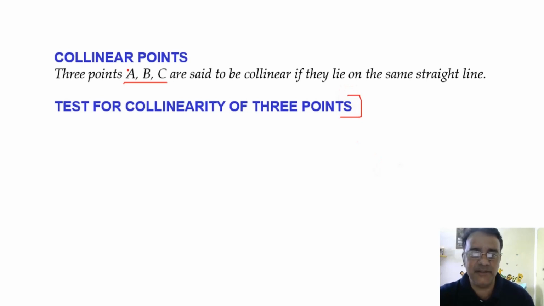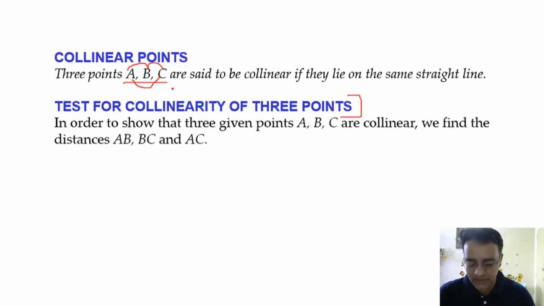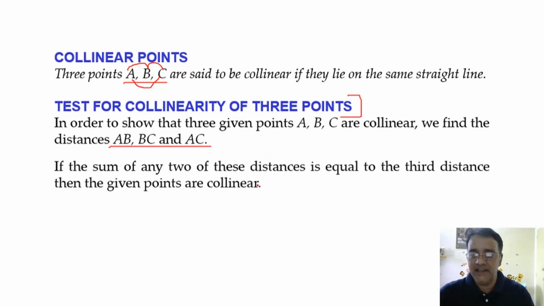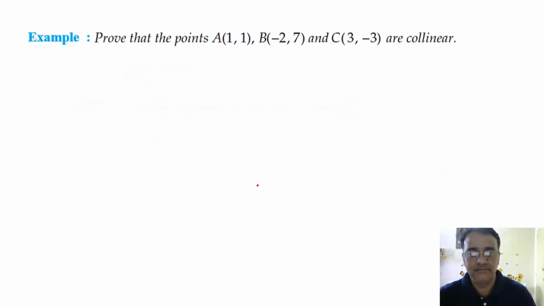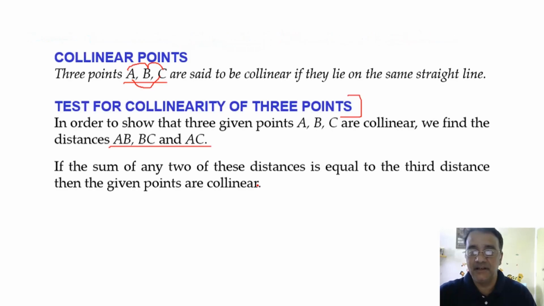We find the distances AB, BC and AC and check if the sum of any two of these distances is equal to the third distance, then the given points are collinear. If the sum of any two distances is not equal to the third one, then the points are not collinear.